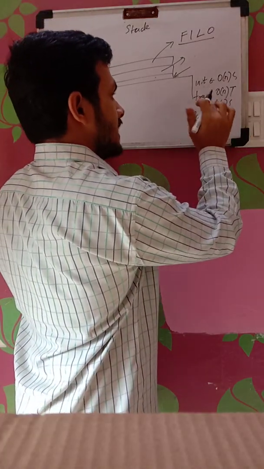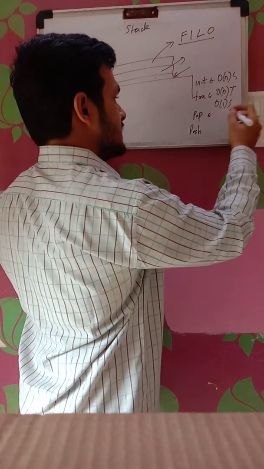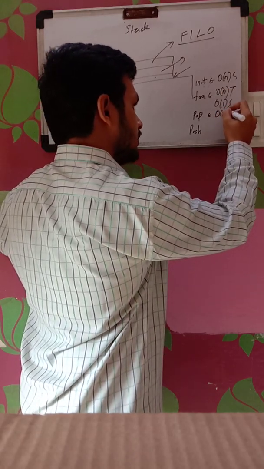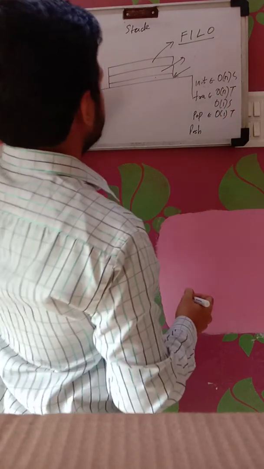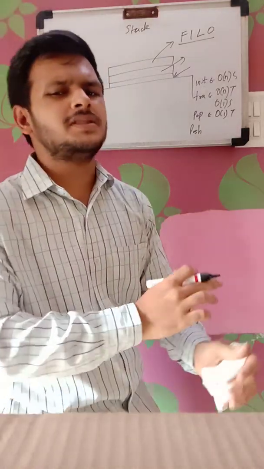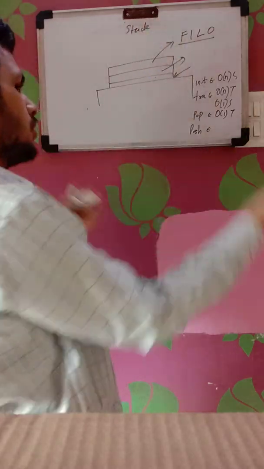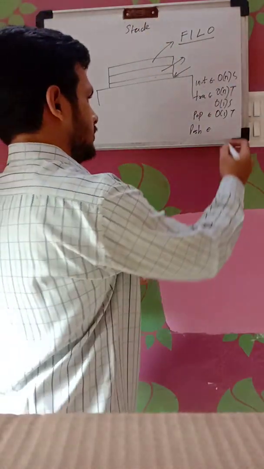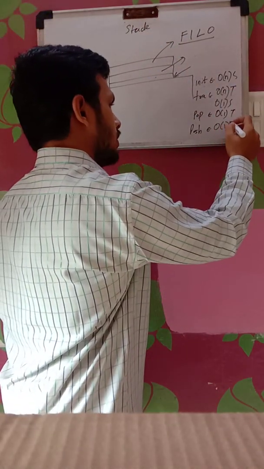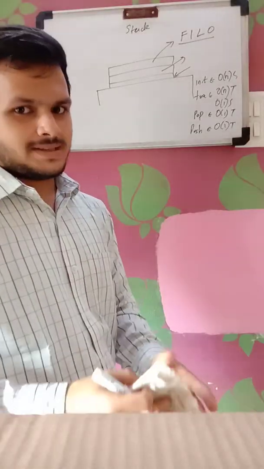So the average case time complexity of pop operation is basically linear, because we would need to just go on the top of the stack and remove that element. And push also the same, because we need to just go on the top of the stack and then push a new element. So it would require a constant time complexity.